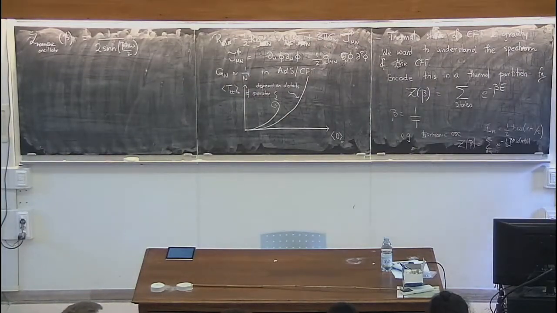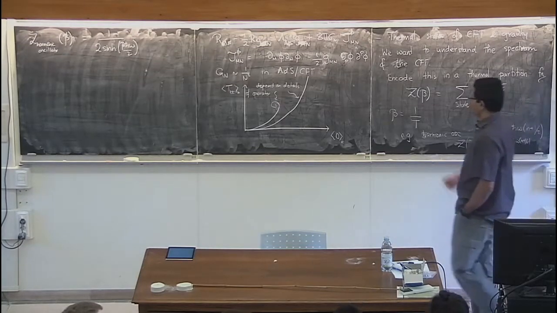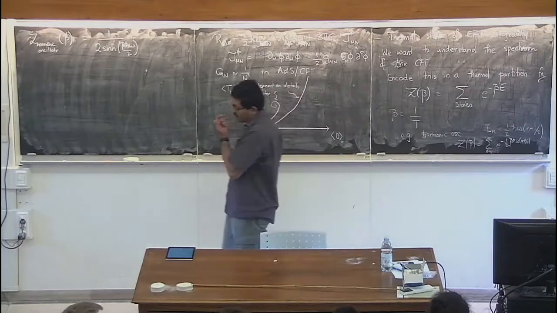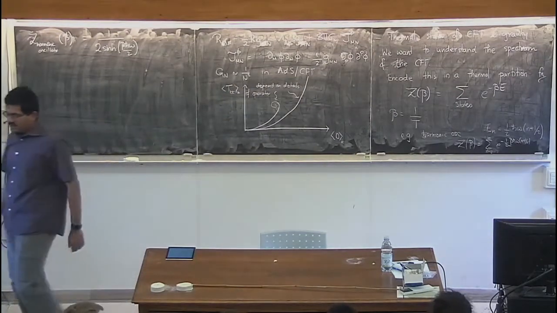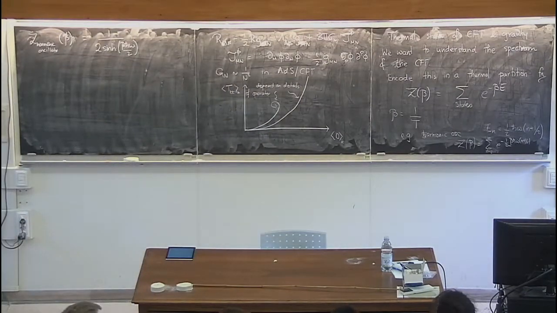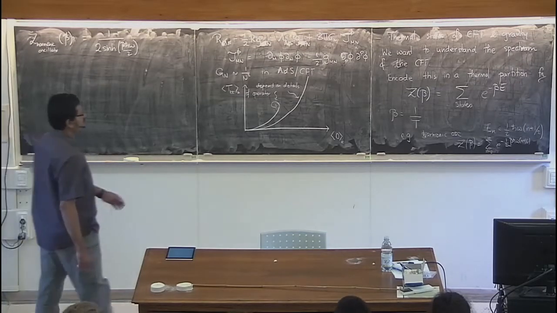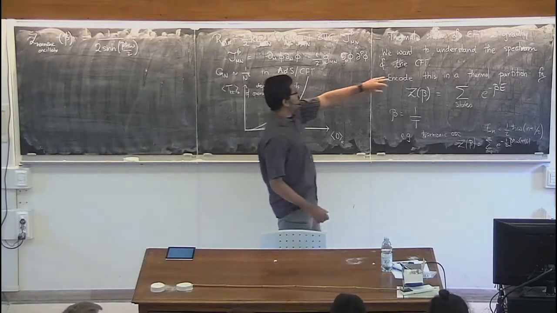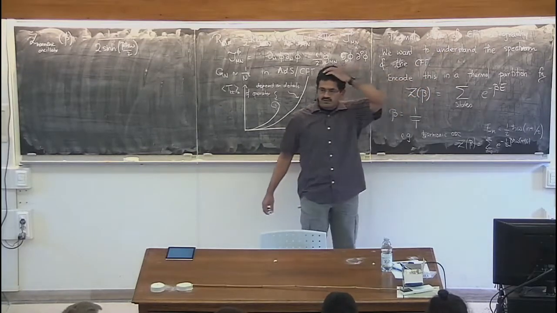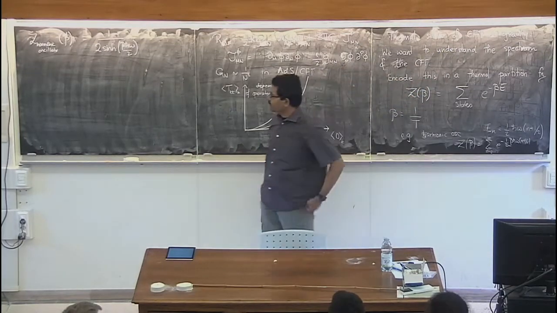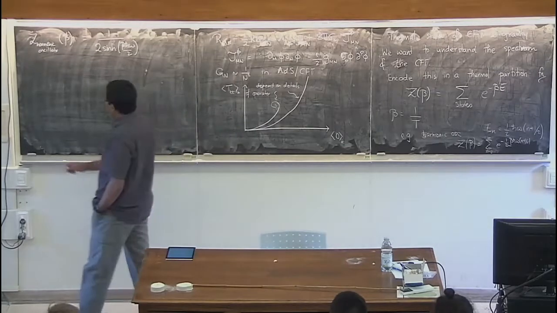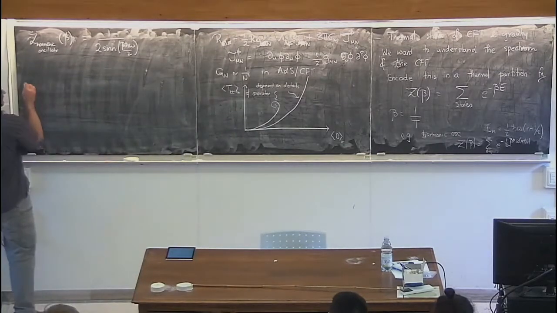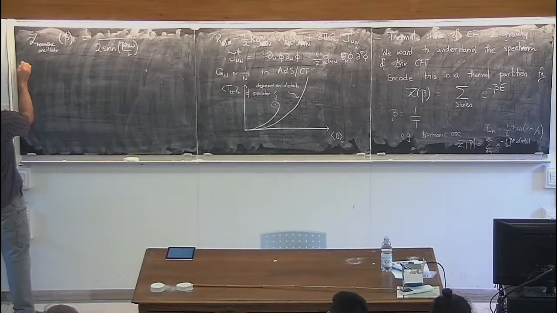So we want to do this for other states and understand what's happening in this context. Of course, what we have at hand is not a simple harmonic oscillator, which is easy to solve. It's not a free theory. We have something more complicated. We want to understand this kind of structure for interacting conformal field theories. So let me say one thing before we proceed, and then I'll tell you how to do it in the interacting case.